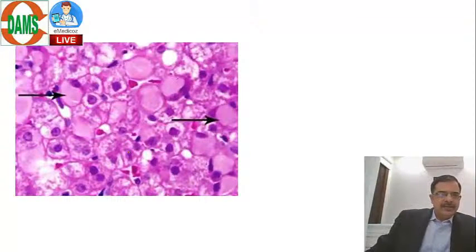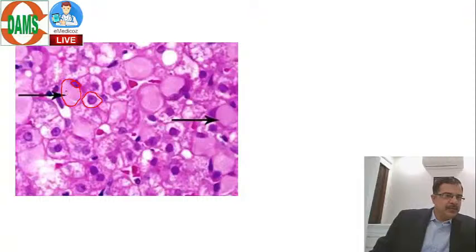Arrows. So this is a liver section and look at the arrow mark. In the normal cell, I will mark a normal cell like this. In this normal cell you can see the cytoplasm is clear and the nucleus is at the center, but in this cell, look carefully, the cytoplasm is not clear and the nucleus is at the periphery.